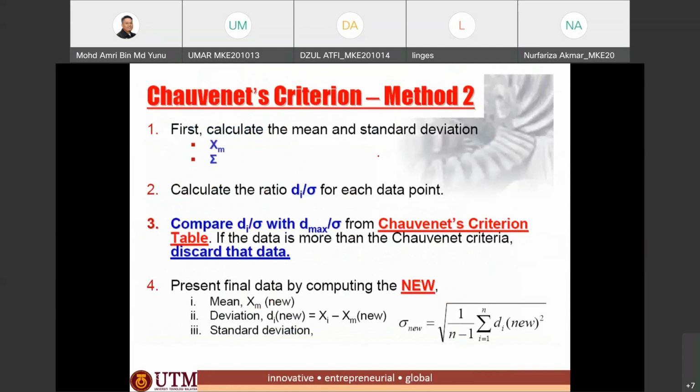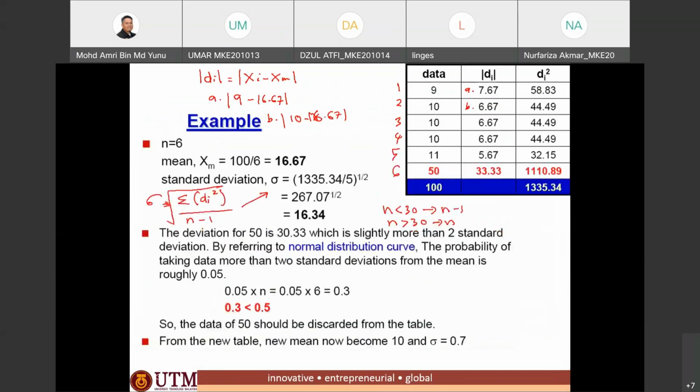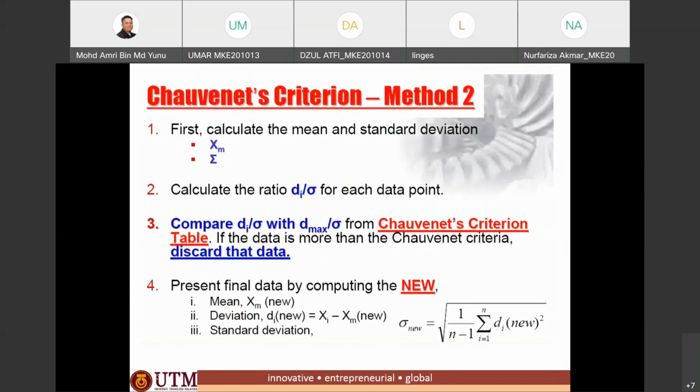Sorry, skip this first method. The first method is actually based on the probability, so I skip that part. I want to focus on the second method, the second method using the Chauvenet table. First calculate the mean and standard deviation.